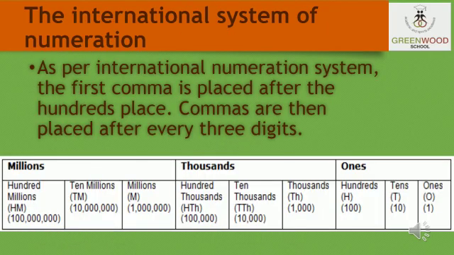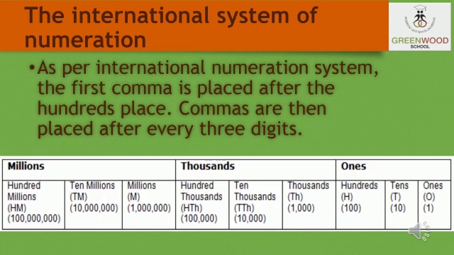The place value chart that is used in many countries of the world is called the International Place Value Chart. To understand the place value of each digit, we put the number in the place value chart so that we can identify each digit.